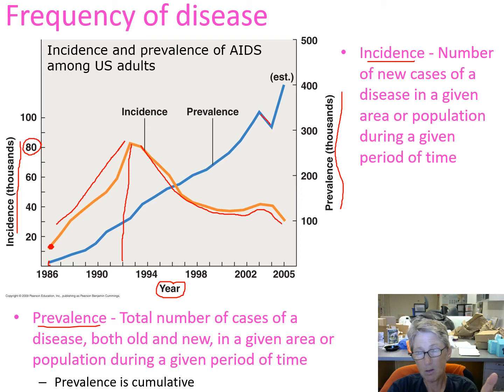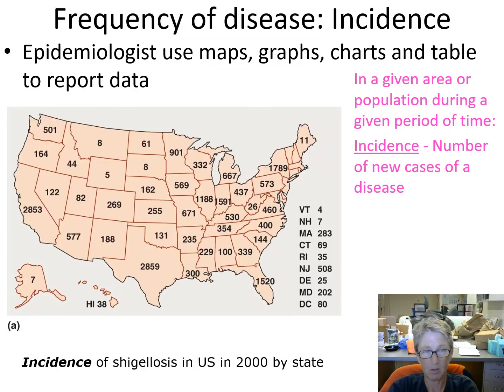There's a little dip here, but this is just the estimated prevalence of AIDS in the United States. So 400,000 cases. So that's old and new cases. So that's incidence and prevalence.